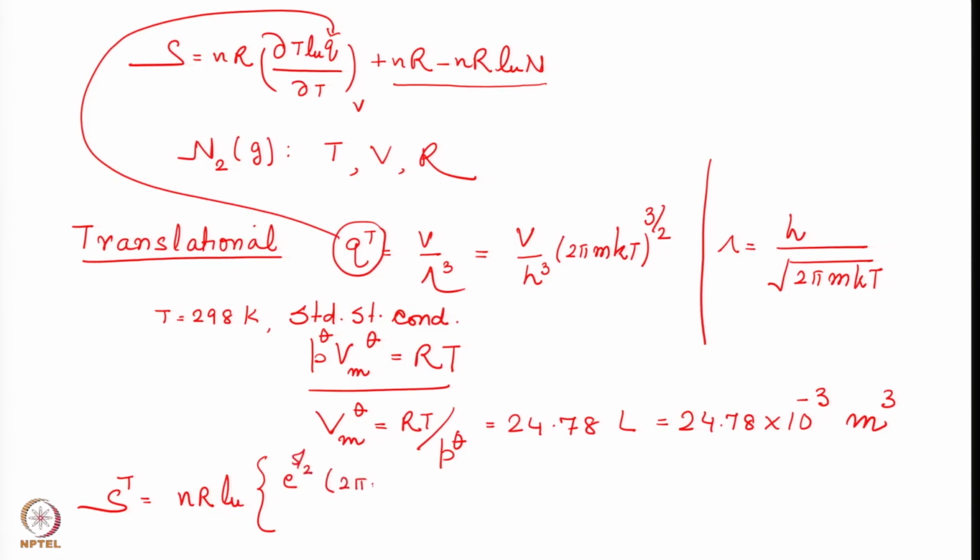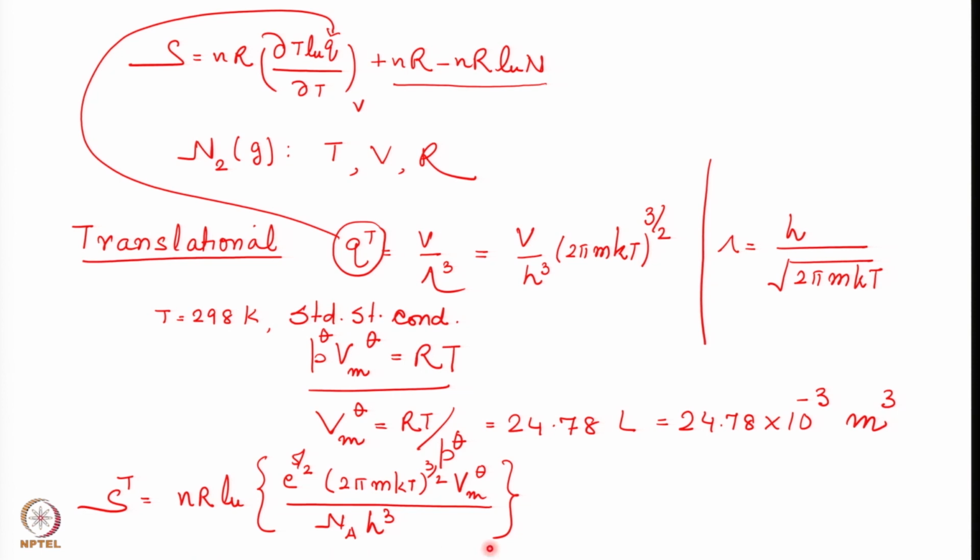2 pi m kT raised to the power 3 by 2 into V, I will put Vm naught, right? I am not writing standard state on that side, but consider this as a standard state. This is equal to, or I will have Na into h cube. I am not deriving this because we have derived it earlier. In fact, when you put Qt is equal to V by h cube, 2 pi m kT raised to the power 3 by 2 here, you are going to get this Sackur-Tetrode equation.